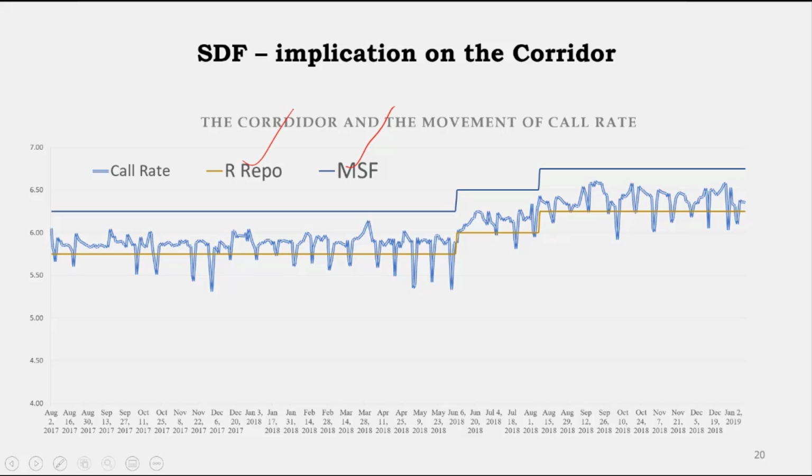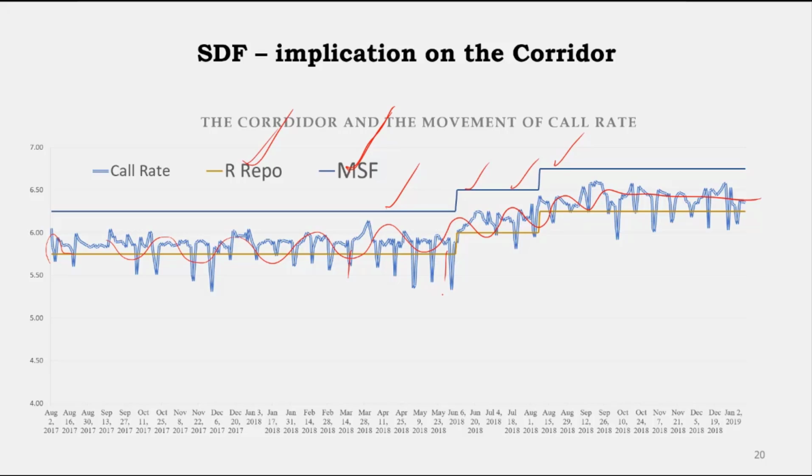Okay, the upper bound is the marginal standing facility, the lower bound is the reverse repo operation, according to the fair policy of the RBI's monetary policy implementation. The call rate should ideally move within the corridor set by the two bounds, the upper bound of marginal standing facility and the lower bound of reverse repo.